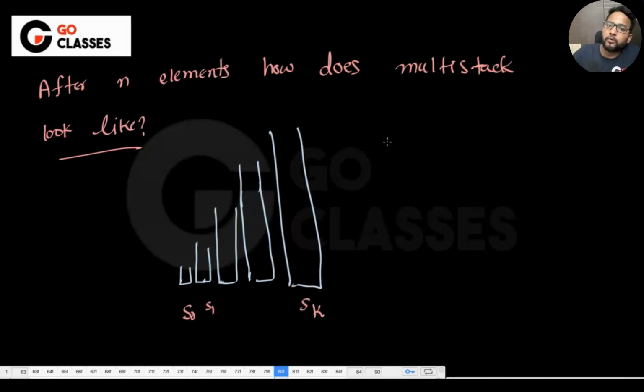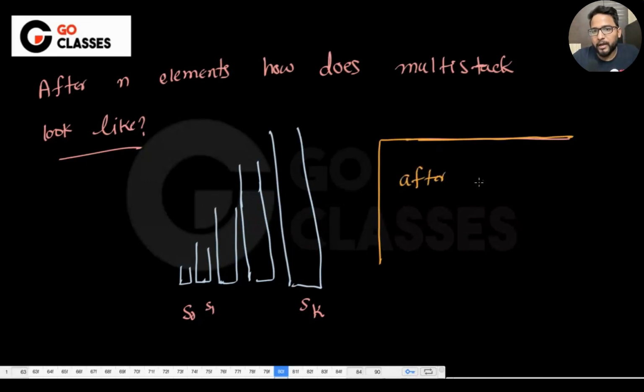There may be some finite number k. So after n insertions, S0, S1 till Sk are having at least one element.